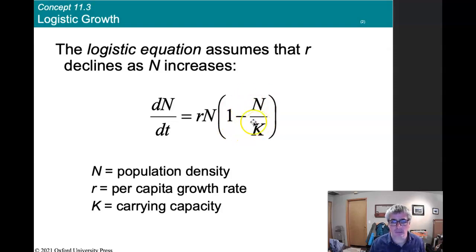Sorry, I'm tired. Okay, so let's call it 700. So if our population is 700, our carrying capacity is 350. This would be 2. 1 minus 2 would be negative 1, which means we have a negative growth rate. We have a loss in growth overall.